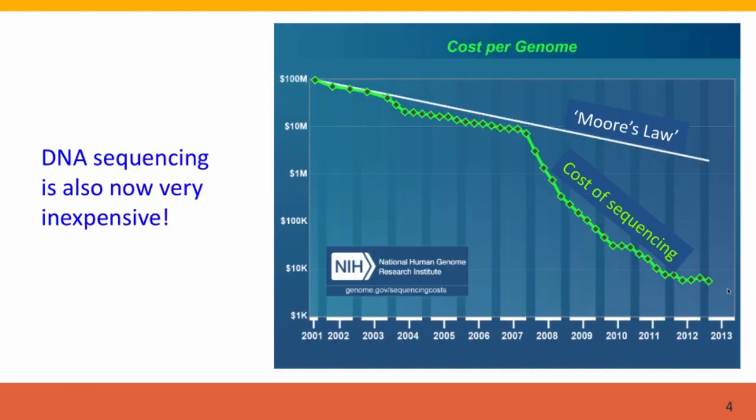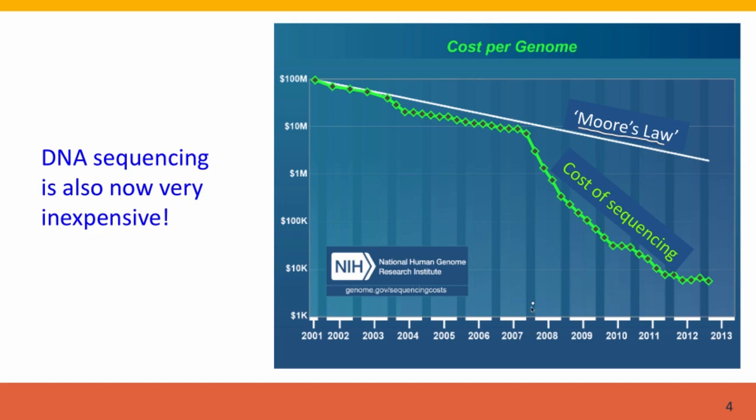Modern DNA sequencing is also an awful lot cheaper than it used to be. Here's a graph showing the cost of DNA sequencing as it's changed between the year 2001 and the year 2013. And it's compared with the Moore's law decrease in the cost of computer power. I think Moore's law has it that the cost of computer power falls by half every 6 months.